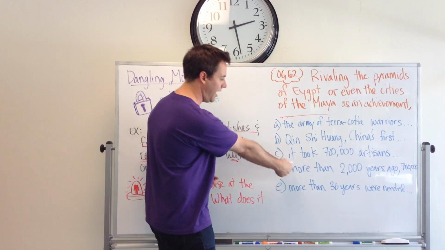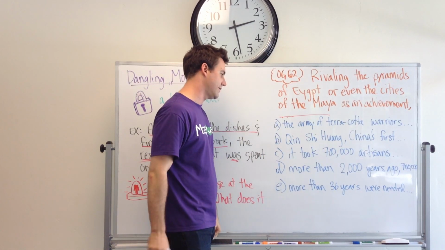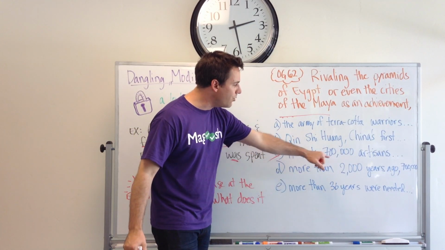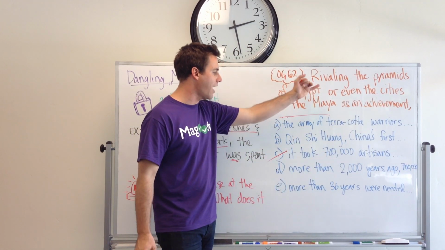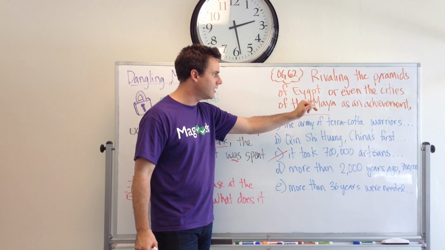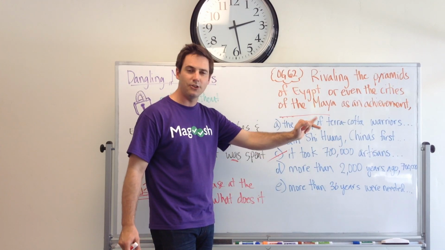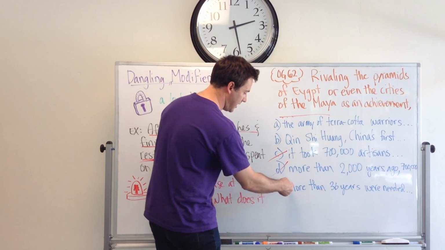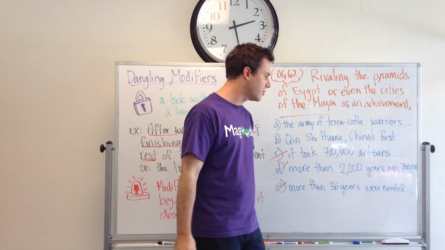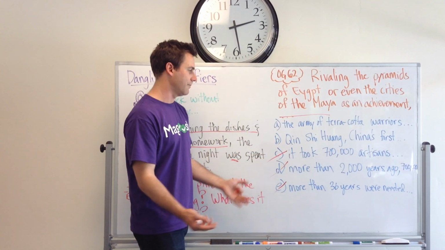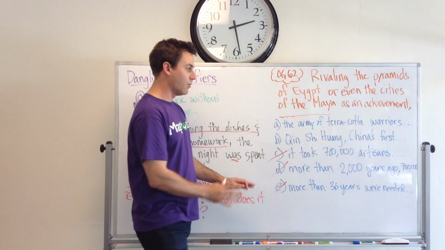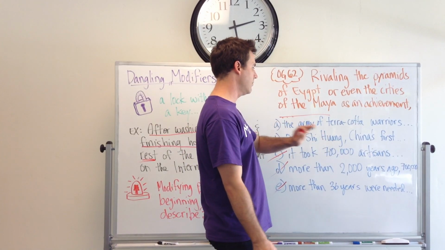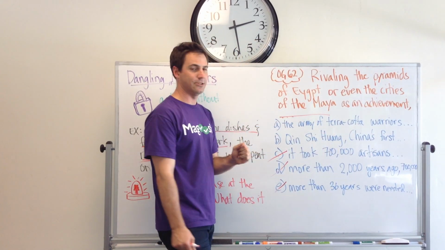So, for example, it took 700,000 artisans. What is it? I don't know what that is. I'm going to eliminate it. What about more than 2,000 years ago? Can I say rivaling the pyramids in the cities more than 2,000 years ago? That's not a thing that was created. Goodbye. Same thing here, E. More than 36 years were needed. That's not a thing. Now, here it's getting more interesting. We have Qin Shi Huang. Sorry, I don't speak Chinese.